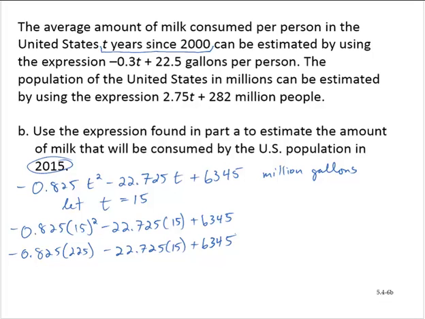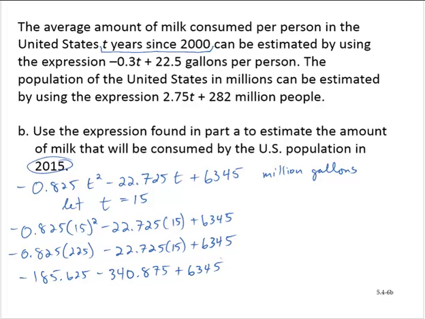Negative 0.825 times 225 is negative 185.625. And minus 22.725 by 15, that's minus 340.875. And we still have this plus 6,345.